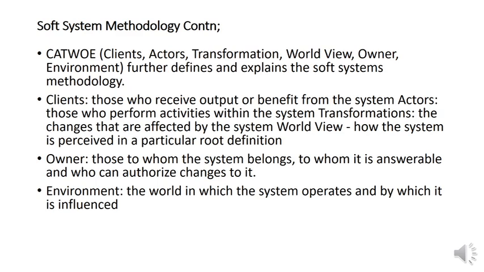Transformation: the changes that are affected by the system. Then worldview: how the system is perceived in a particular root definition. Owners: those to whom the system belongs, to whom it is answerable, and who can authorize changes to it.